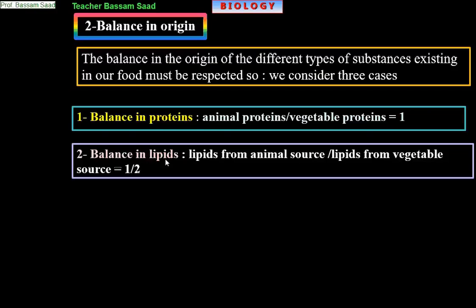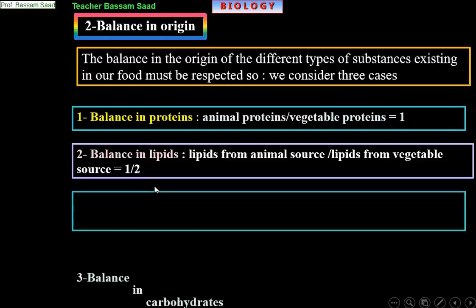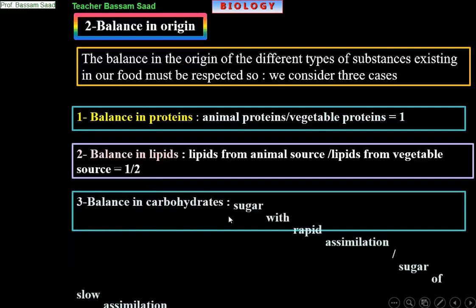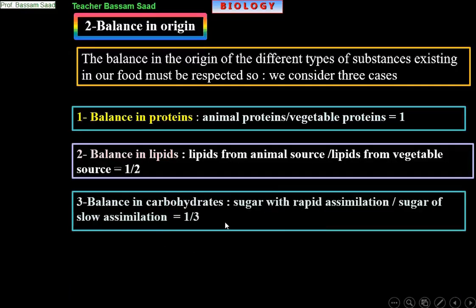It is important. So as you see, it's not only important to know the mass of lipids the individual must eat. We have to make a balance in the origin of the different types of substance existing in our food. The last idea is about carbohydrates, of course. Balancing carbohydrates: sugar with rapid assimilation over sugar of slow assimilation equals 1 over 3. Rapid assimilation means rapid digestion, as simple sugar, for example.